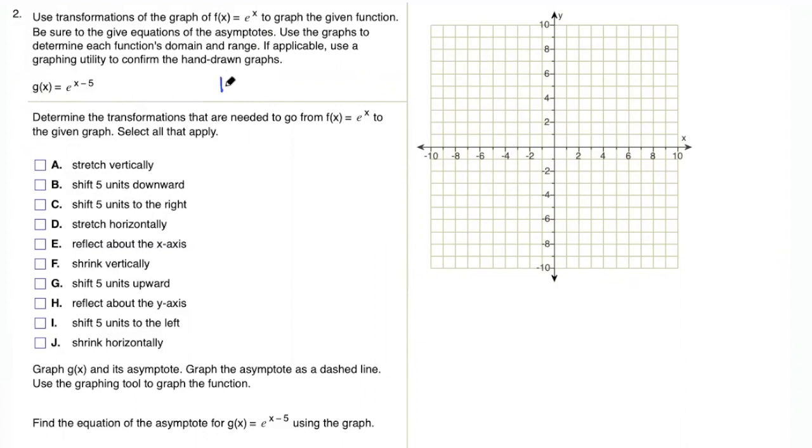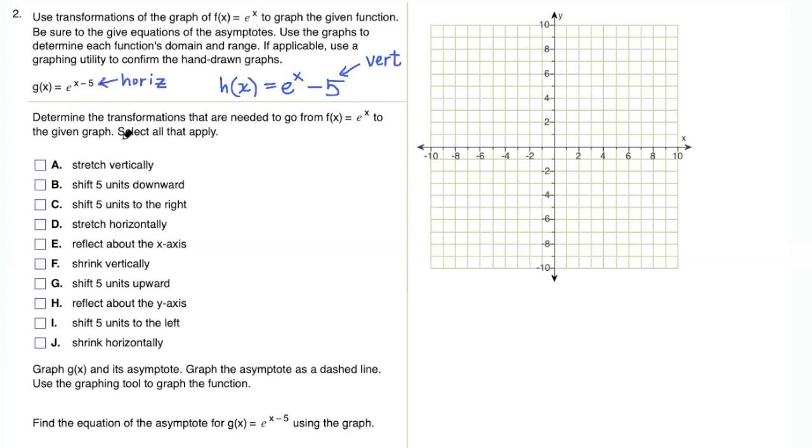That minus 5 can be in one of two locations. It can be as part of the exponent, or it can be on the ground instead of up in the air. When it looks like this, it's a vertical shift, up or down. When it looks like this, it's a horizontal shift.